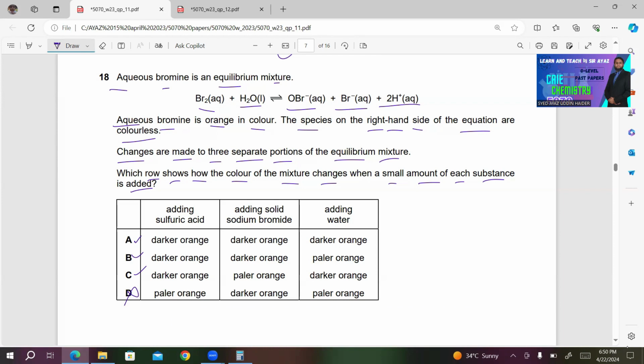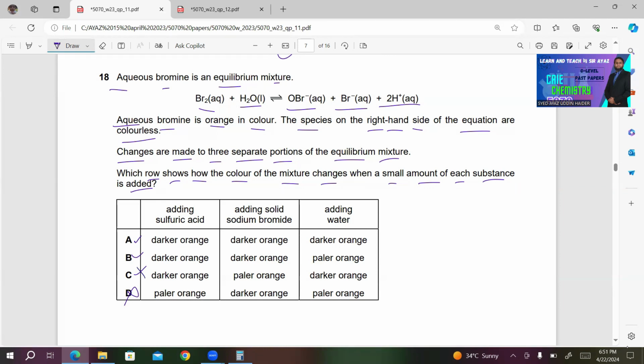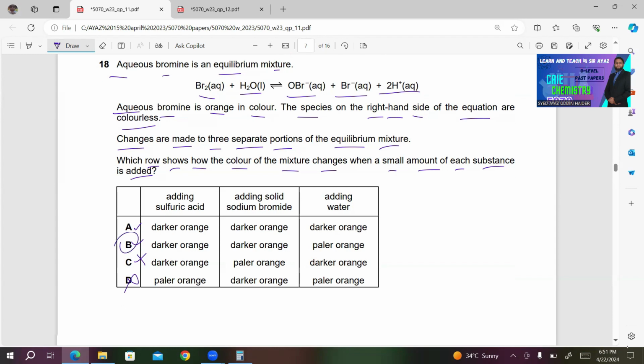It will again turn darker orange. So C is incorrect. Either A is correct or B is correct. What will happen if you add water? It will become paler orange because of the formation of Br minus. So B must be the right answer in this case.